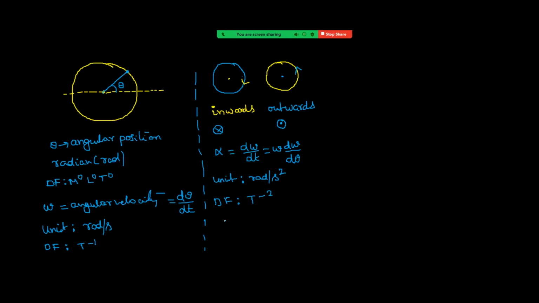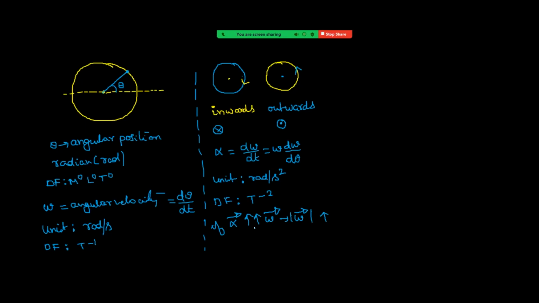Now see carefully. If alpha bar and omega bar are in the same direction, then the modulus of omega bar increases.